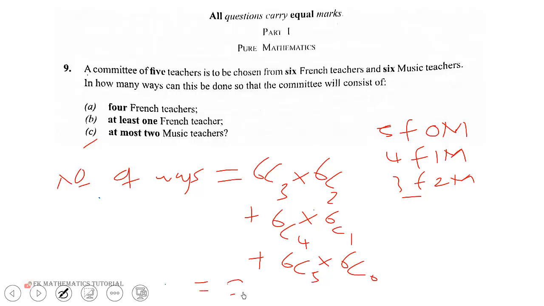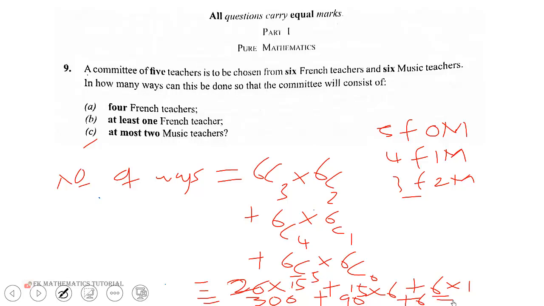We're going to get 20 times 15. Then we add it to 15 times 6. And this will give you 6 times 1. And when you simplify this, 20 times 15 is 300. Then we add it to what? We add it to 90. Then this will give us 6. So everything will be equal to 396 ways.